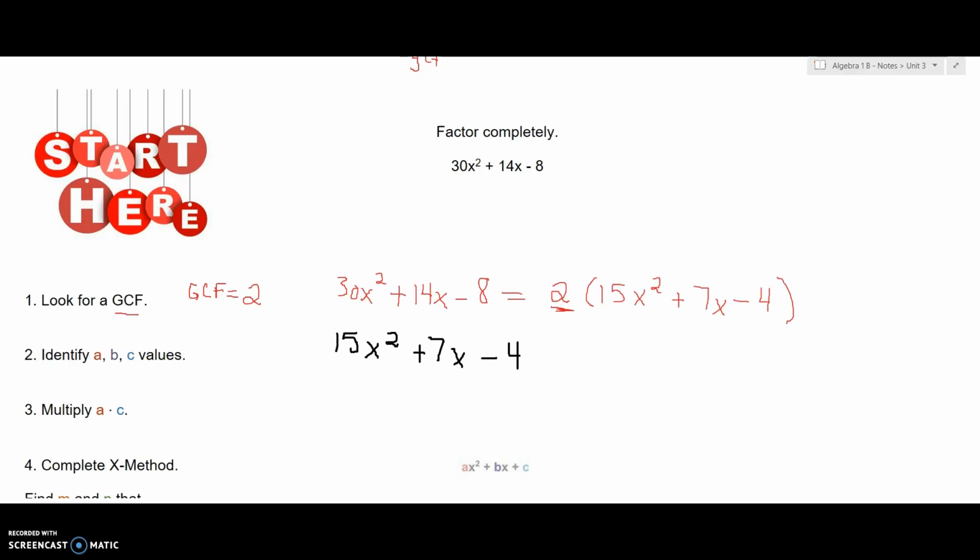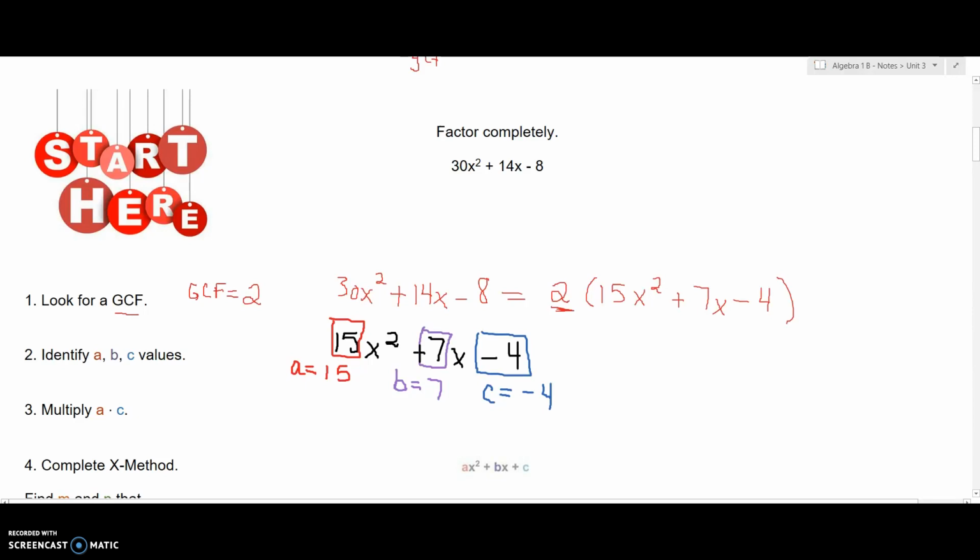We remember that our a value is the number in front of the x squared, so a is equal to 15. Our b value is the number in front of x, so b is equal to 7. And our c value is our constant term, which doesn't have a variable, and we remember we take the sign with it, so c equals -4.